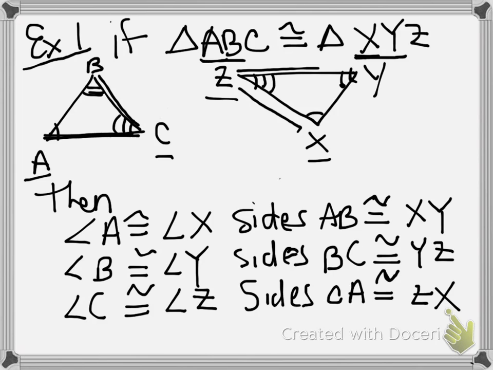Remember to look at them in order and look at the angle signs. The one angle mark is congruent with A, the 2 is at B, so that's congruent with Y, and the 3 is at C and Z, so those are congruent with each other. So look for those marks.